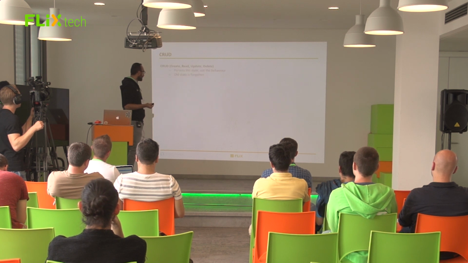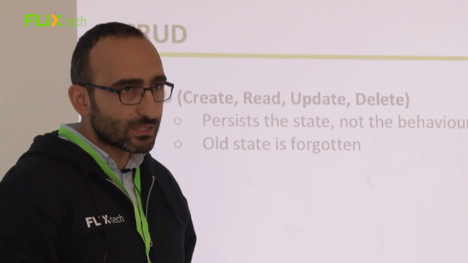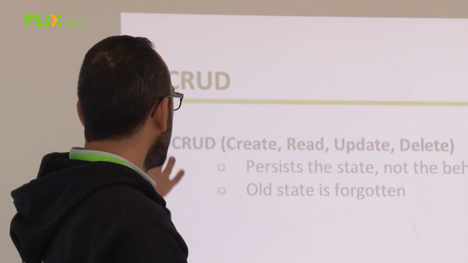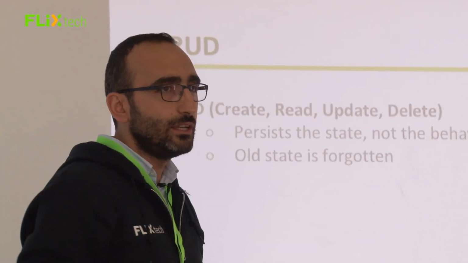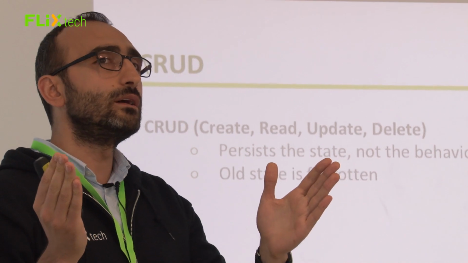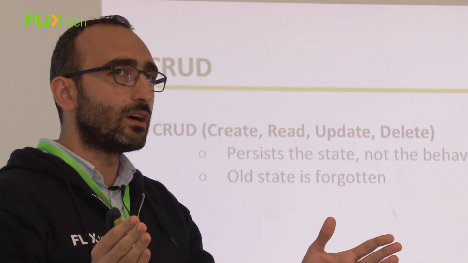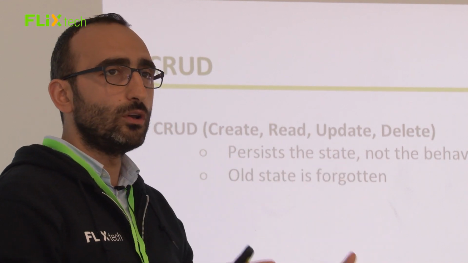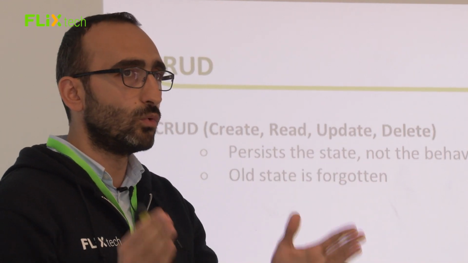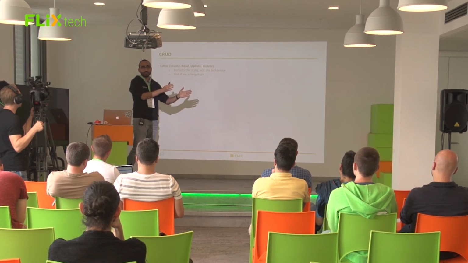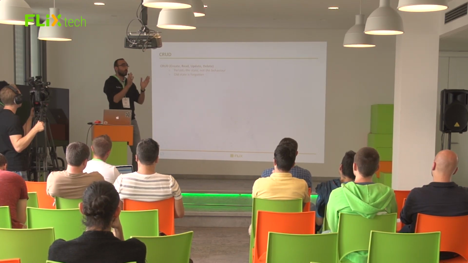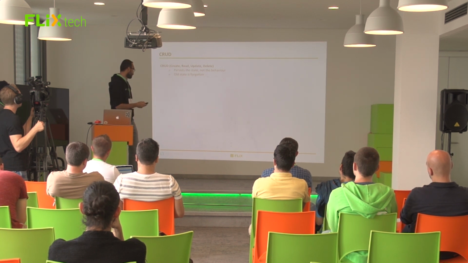This is helpful. To introduce event sourcing, let's first recap the CRUD model: create, read, update, delete. In the CRUD model, we persist the state. So every time we have a new state, we overwrite the older state. We don't store anything about the old state. We have no idea how the new state developed or what its behavior was.